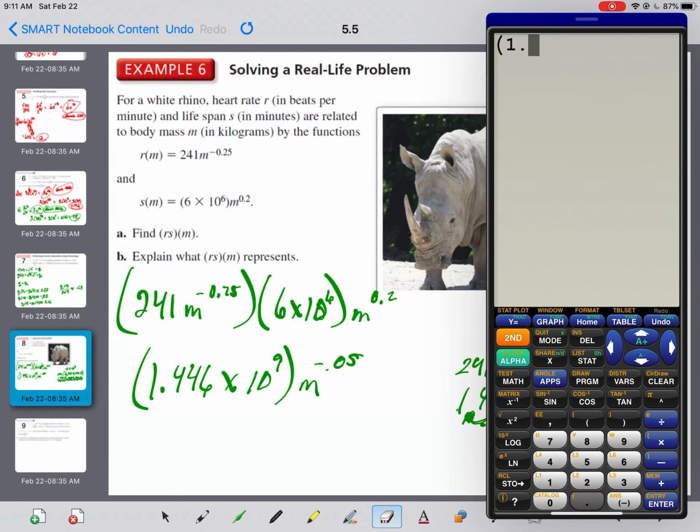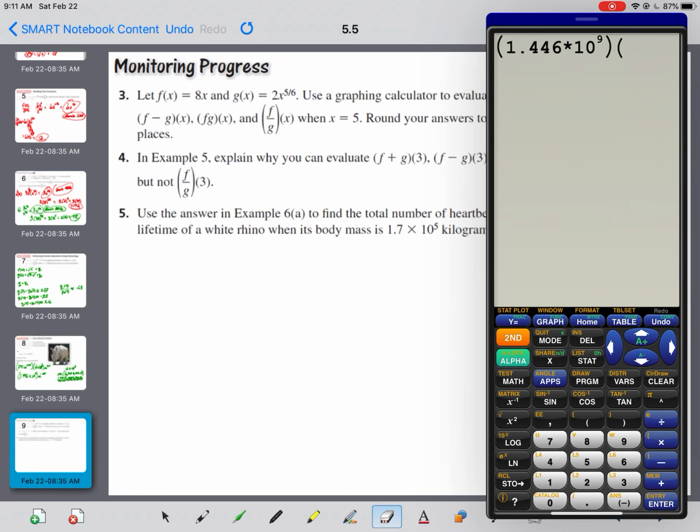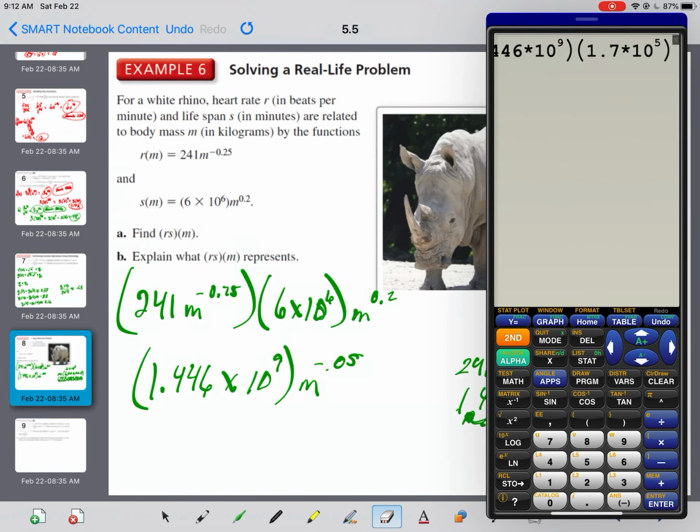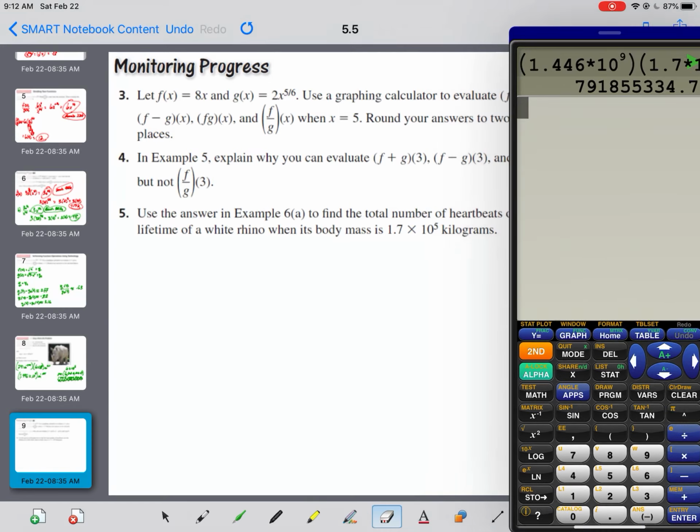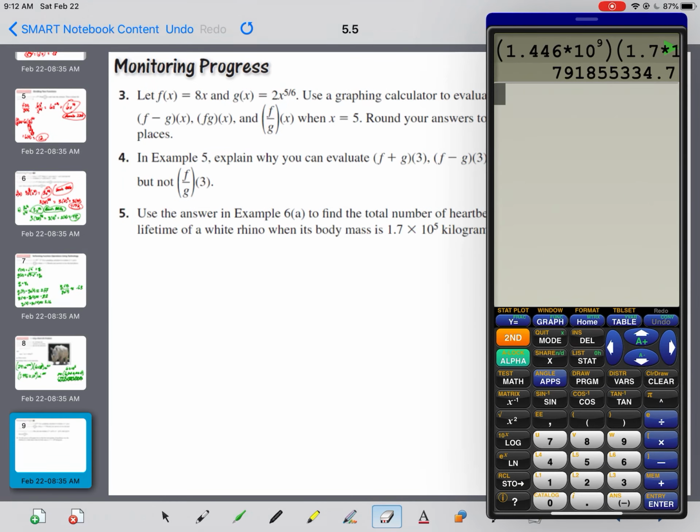So 1.446 times 10 to the 9th times, what did we say over there? 1.7 times 10 to the 5th to the, and then what was our little exponent? Negative 0.05. Enter.